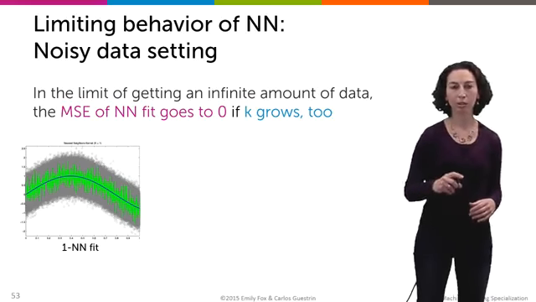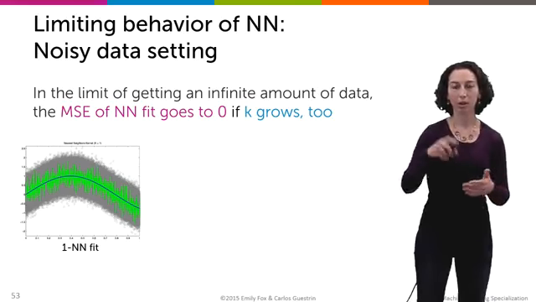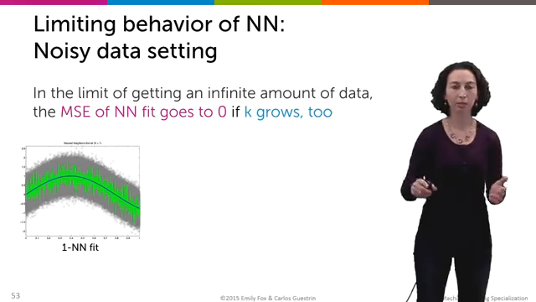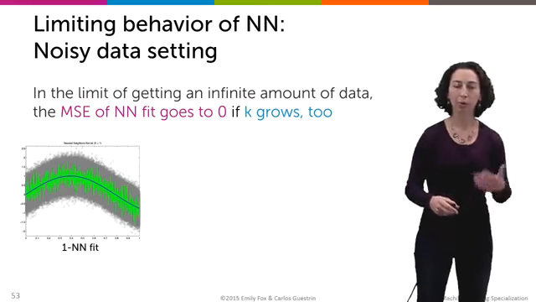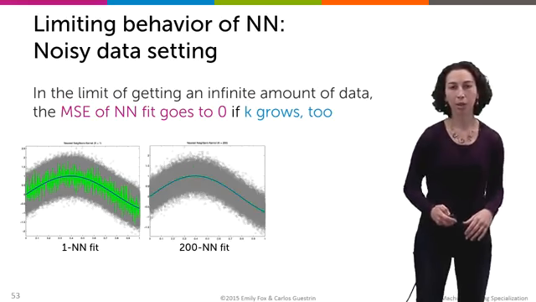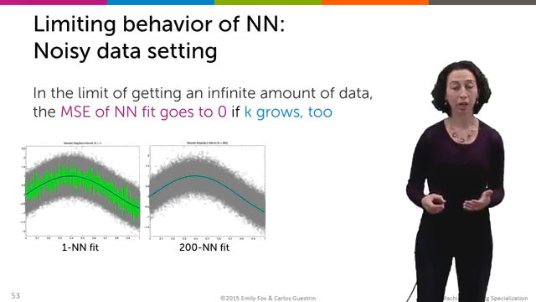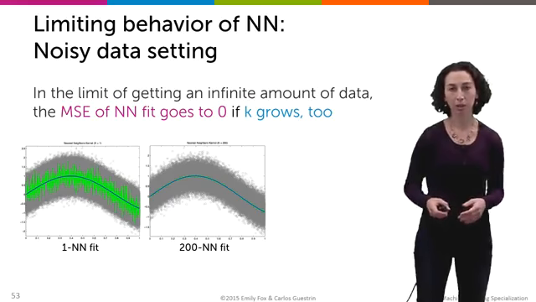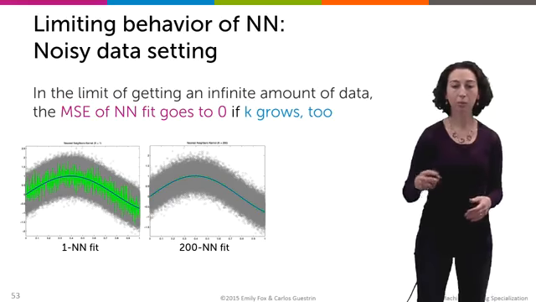And we see that our one nearest neighbor fit is very, very noisy. It has this wild behavior because, like we discussed before, one nearest neighbor is very sensitive to noise in the data. But in contrast, if we look at a large k, here k equals 200, so our 200 nearest neighbors fit, it looks much, much better.